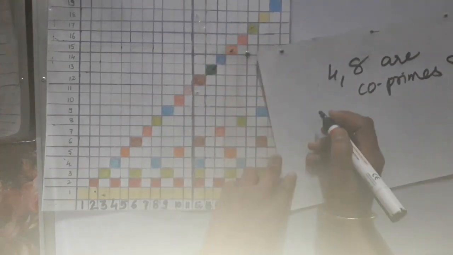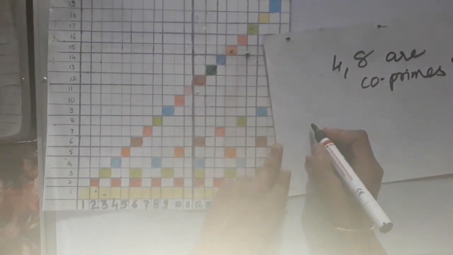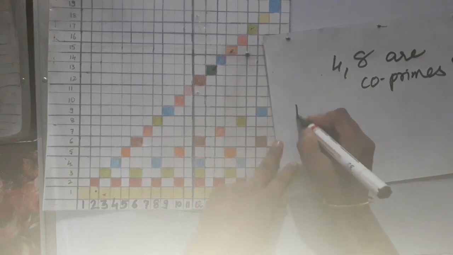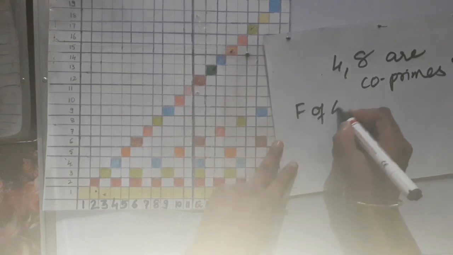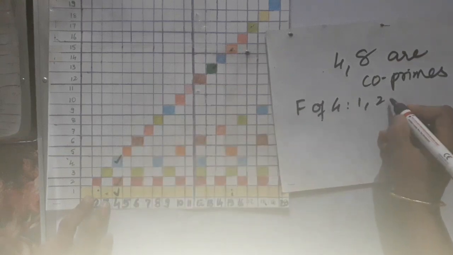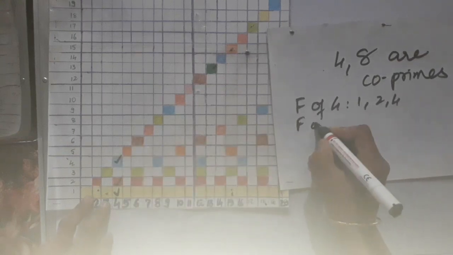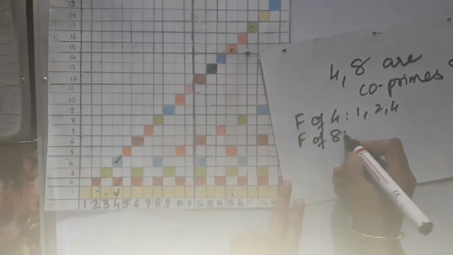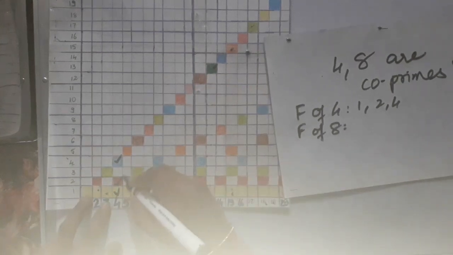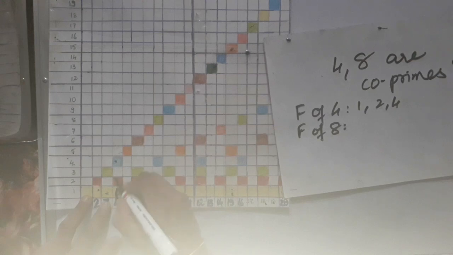So how will you do it? You will find out which are the factors of 4. So here 1, 2 and 4. Which are the factors of 8? Factors of 8: 1, 2, 4 and 8.